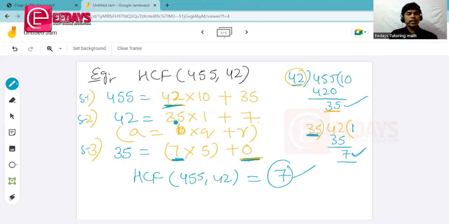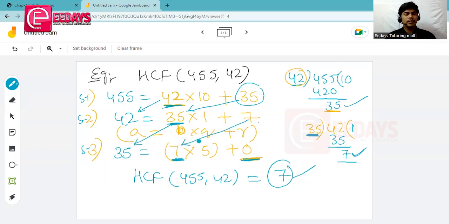After getting that, you can take 35 as the dividend here. Now 35 is nothing but 7 times 5. Observe carefully, guys. Here we are taking 42 as the divisor, and 35 here as the remainder.